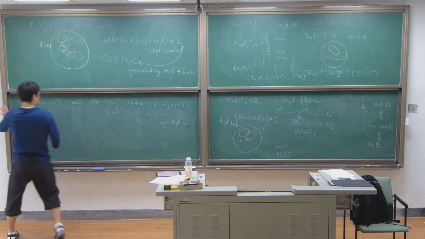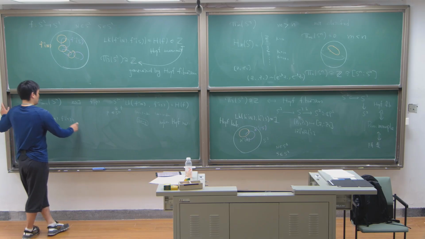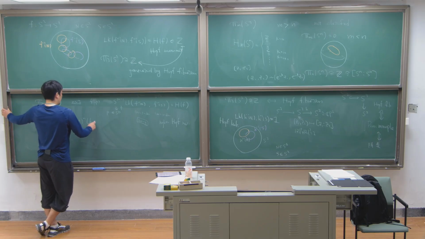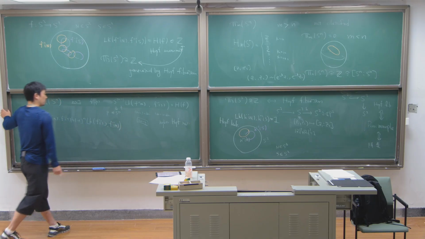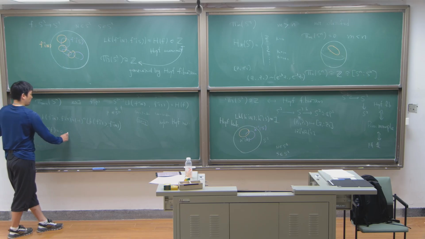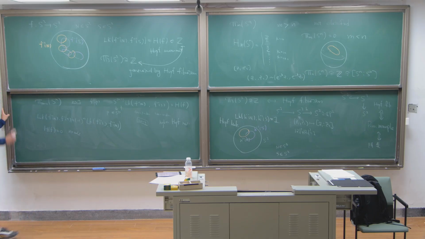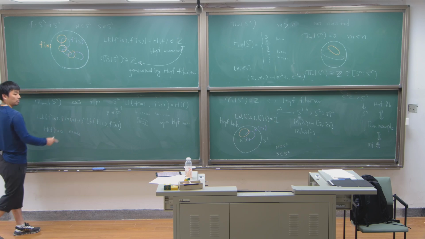In fact, you can show that the linking of F inverse of north pole and F inverse of south pole is minus 1 to the n times the linking of F inverse of south and F inverse of north. Therefore, the Hopf invariant is 0 when n is odd, because the linking number, if you swap them, gets a sign, which means it has to be 0.